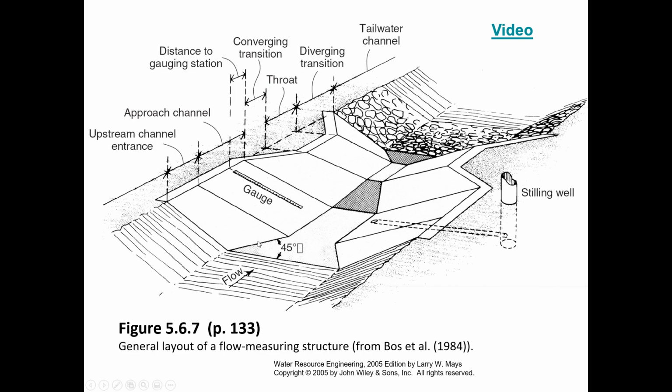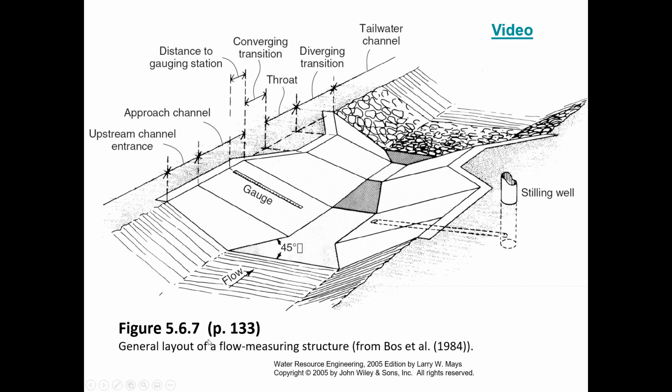Here's a side view, and I found a video today of a Parshall flume. You may hear this word Parshall. It sounds like the word partial, but it's not. Parshall was the name of the person who invented this flume. A Parshall flume is a device where water is flowing through a stream, and then the channel gets narrower.